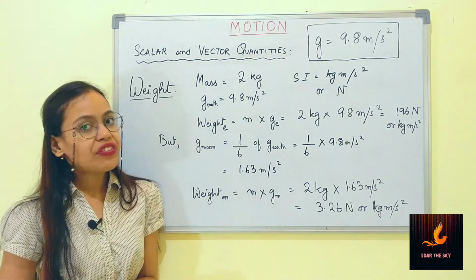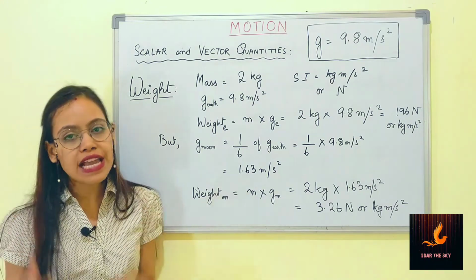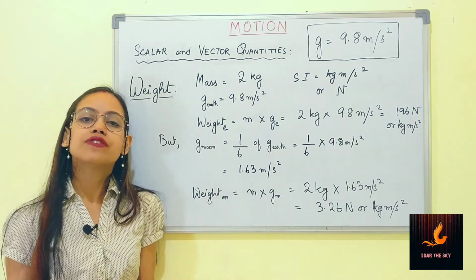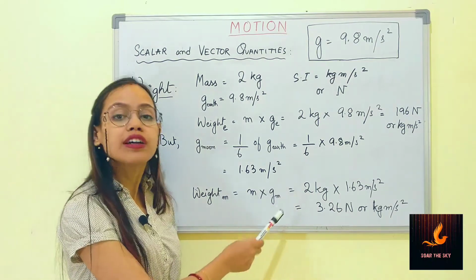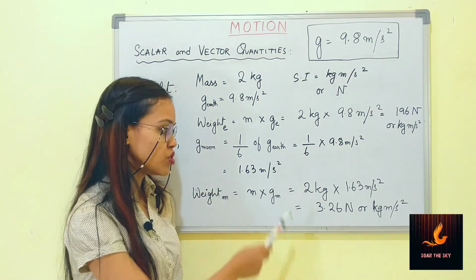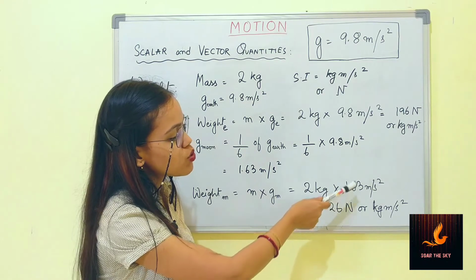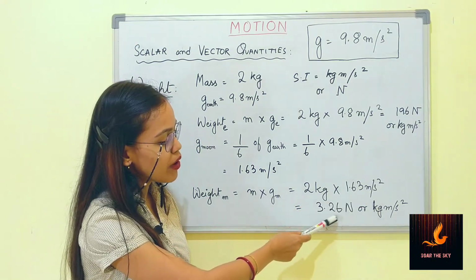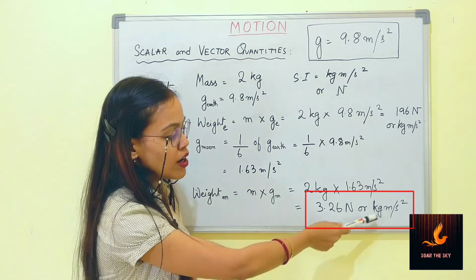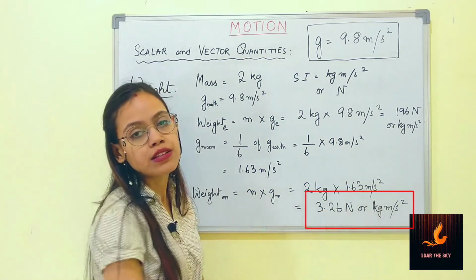So if we calculate the weight of this same body on the surface of the moon, it will come up to be mass into the gravitational force of the moon, which is 2 kg into 1.63 meter per second square, that is 3.26 Newton or kg meter per second square.